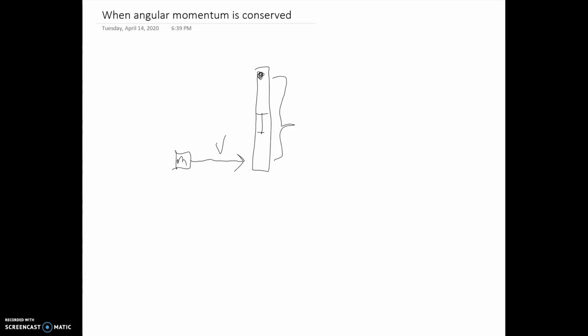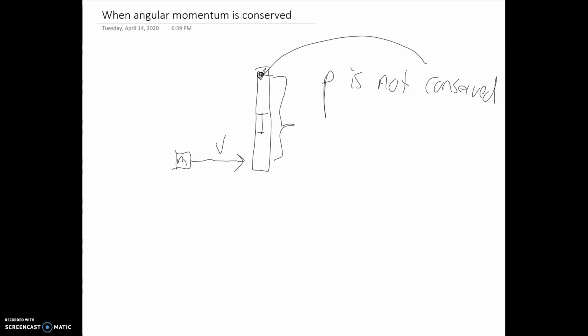Well, you know that the problem is that momentum can't be conserved here, like linear momentum. And the reason it's not is because of this thing here. It's got a pivot, like it's nailed into the ground or whatever, so it's stopping it from moving forward.